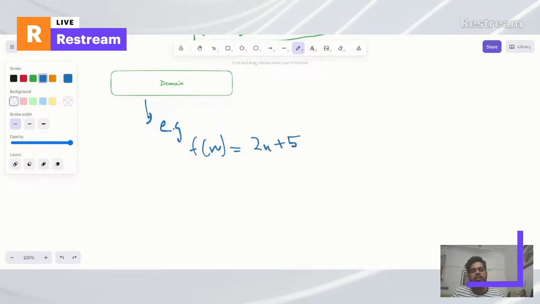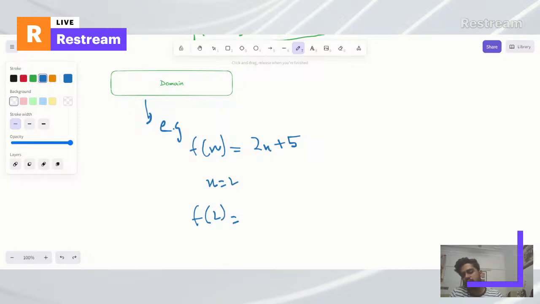There is no value of x that we cannot put in. We can put in any value of x and it will give us a valid corresponding answer for f of x. So let's say I put in x equals 2. How do I write it? I write it as f of 2.